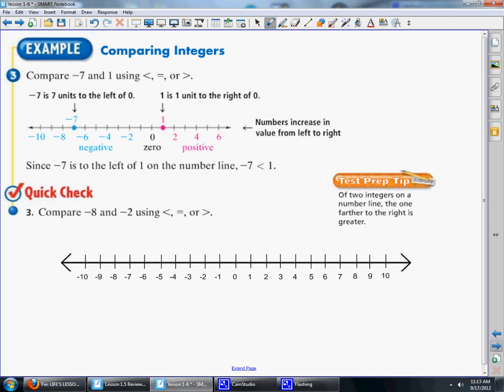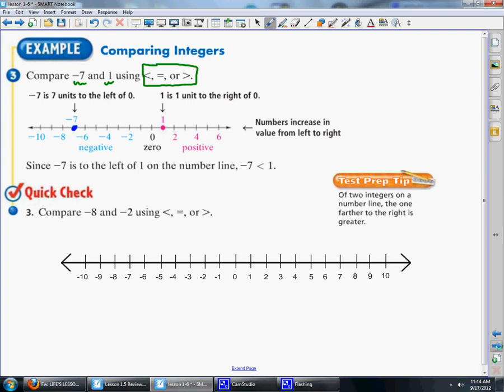Comparing integers. So we're going to compare integers using the less than, equal to, or greater than symbol. And an easy way to compare integers is to actually graph them on the number line. So if we want to compare the integers negative 7 and 1, we're going to graph them on the number line. And you can see this here.